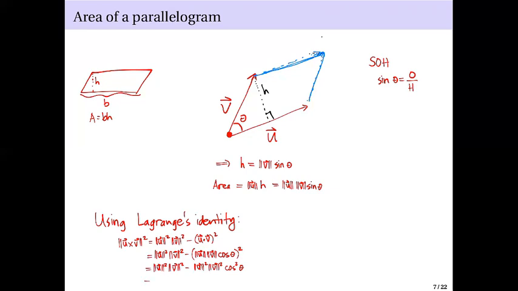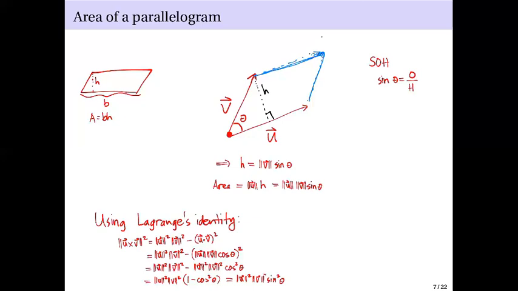So you will be left with norm of U squared, norm of V squared quantity, 1 minus cosine squared theta. Following? Okay? But what is 1 minus cosine squared theta? That's your sine squared theta. So you will have norm of u squared, norm of v squared, sine squared theta.